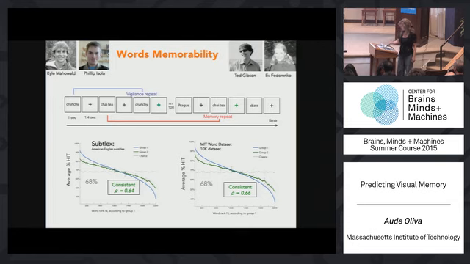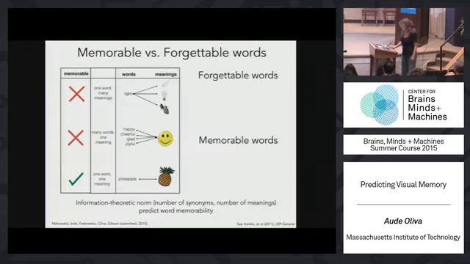This work, done in collaboration with Mahoma, Dizola, Gibson, and Fedorenko, is under submission. But let me give you a taste of the result we found. So what makes words more memorable or forgettable? Here is a cartoon that gives you the basic idea: if there is one word for one meaning, so basically a word has a single meaning, it will have a tendency to be much more memorable than if a word has many meanings.